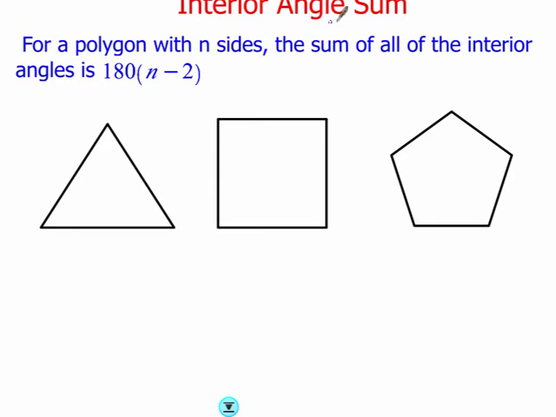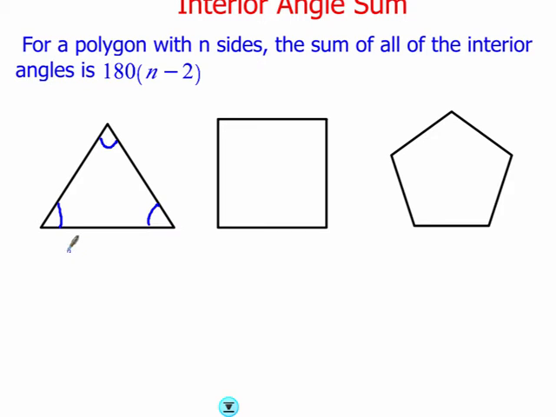The interior angle sum, so that is the sum of all of the angles inside of a polygon, is equal to 180 times n minus 2, where n is the number of sides. So if we think about this, if we have a triangle, well, we've already shown that the sum of the angles of a triangle is 180.